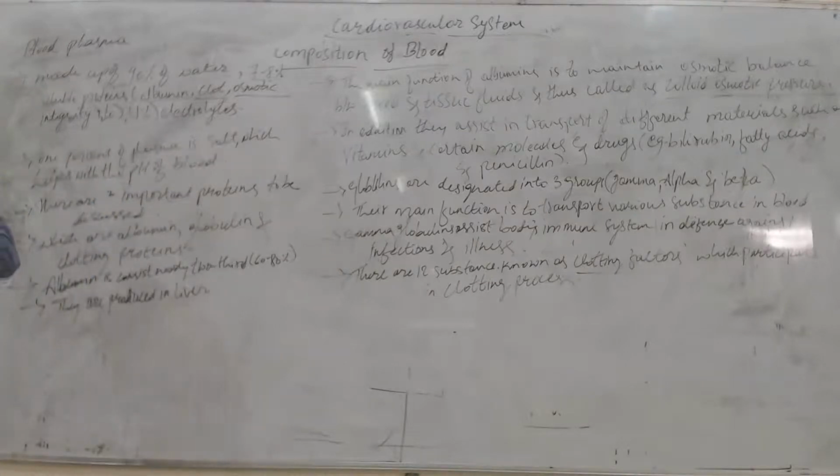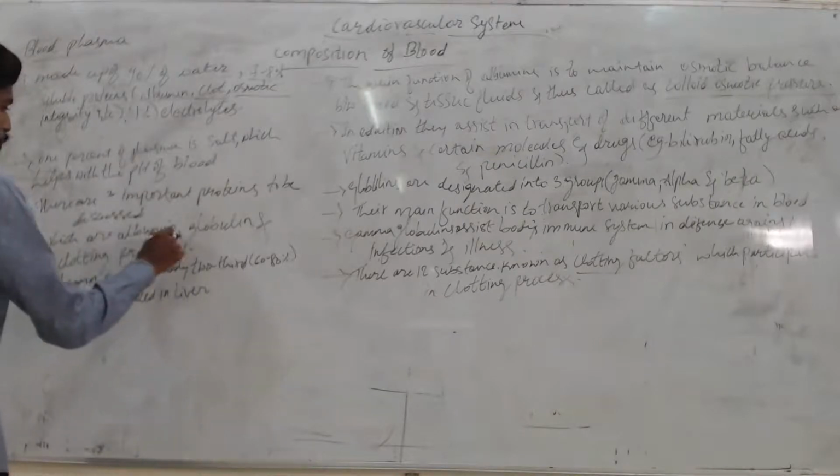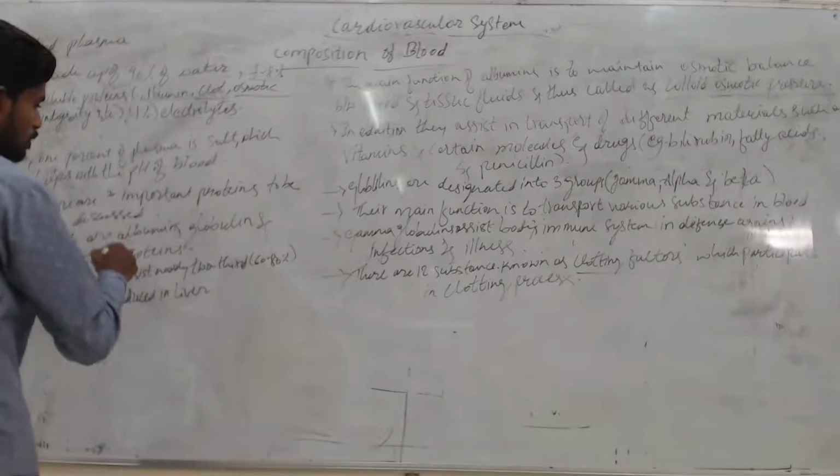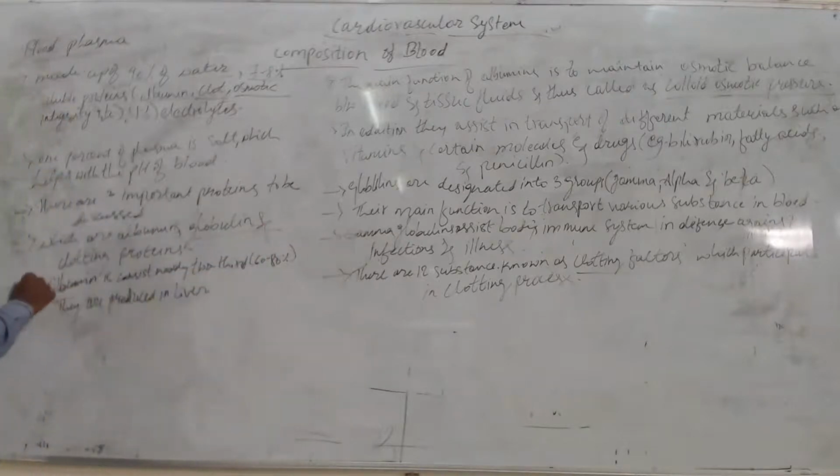And 1% of plasma is composed of salt, which helps maintain the pH of the blood. There are three important proteins to be discussed in the blood plasma: albumin, globulins, and the clotting proteins.